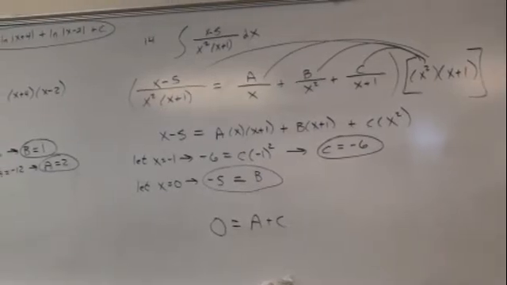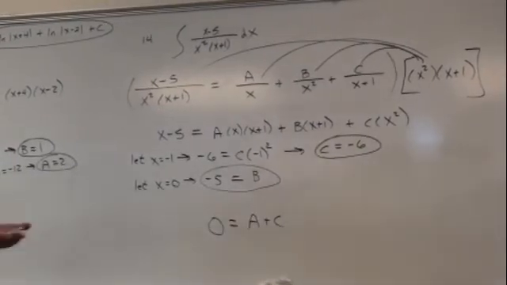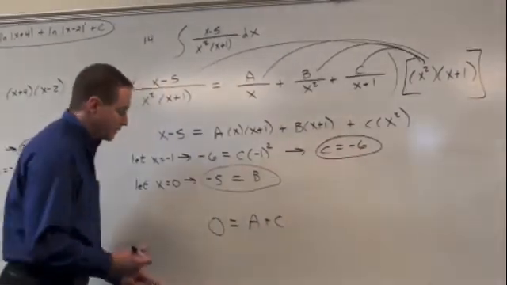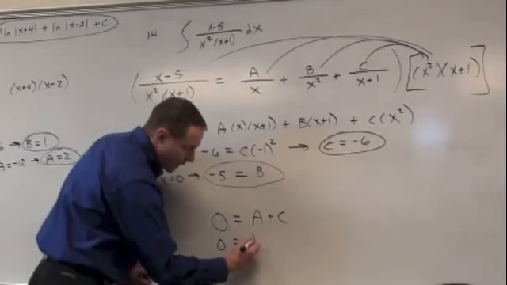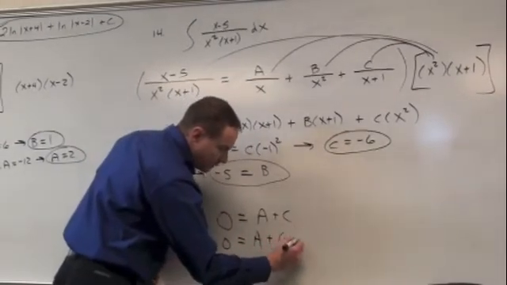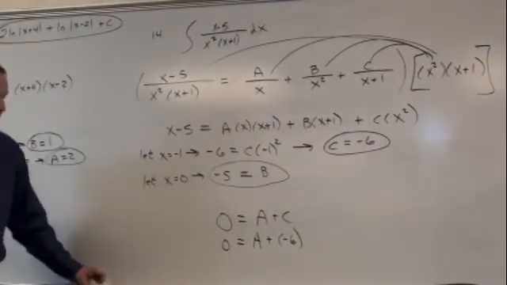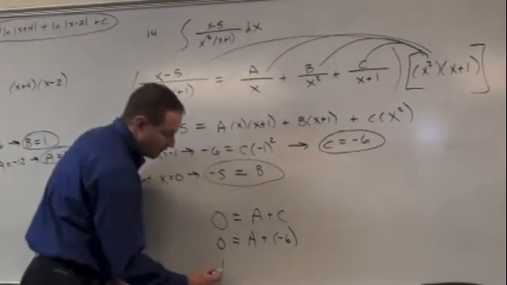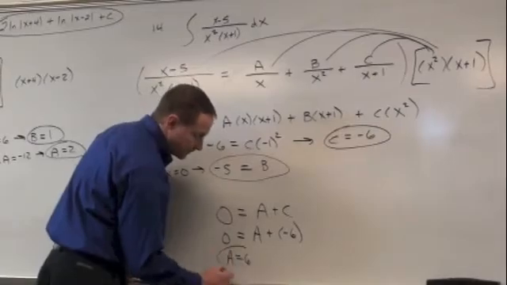Well, it's A plus C on the right, so A plus C needs to be 0. And I already know that C is negative 6. So I can say 0 equals A plus negative 6, which is the same thing as A minus 6. Add 6 to both sides. A equals 6.